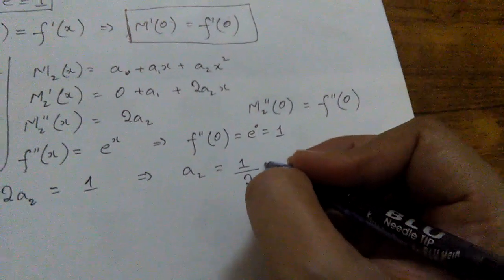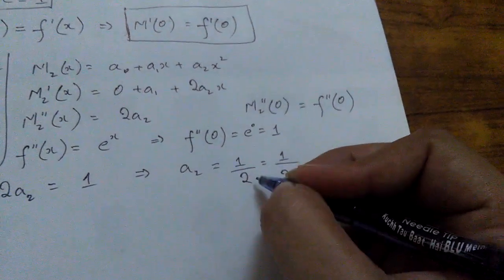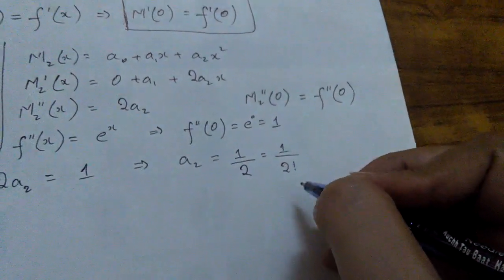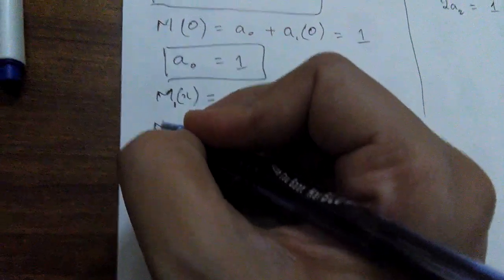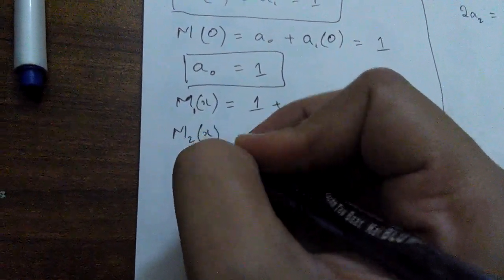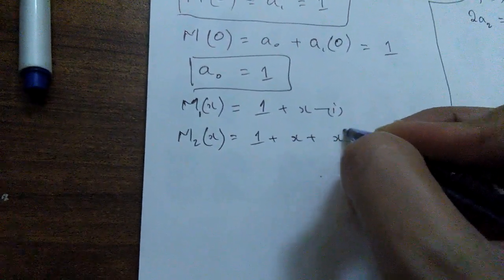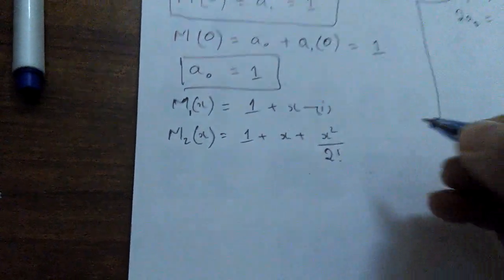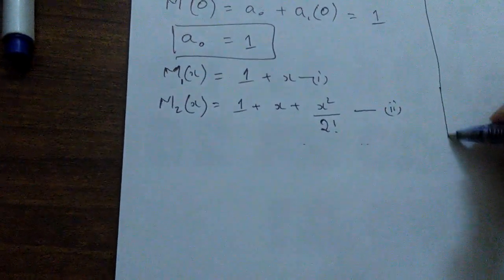Also I can write this as 1 upon 2 factorial, because 2 factorial is 2, so I can write 2 in terms of factorial as well. So now my m2x is equal to 1 plus x plus x squared upon 2 factorial. This is my equation number 2. This is my second polynomial.